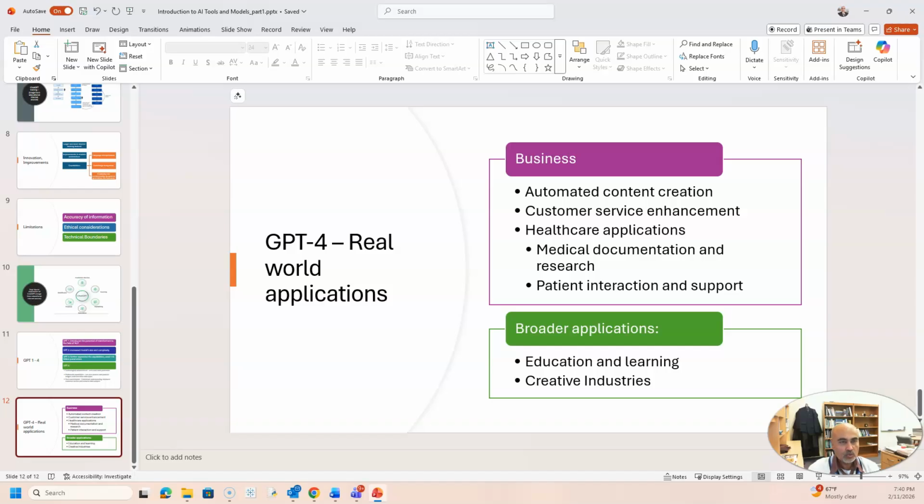Let's look into GPT-4's real-world applications. As I mentioned before, GPT-4 really is a significant leap forward from its predecessors.